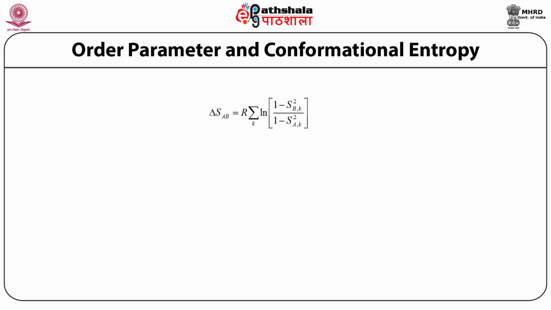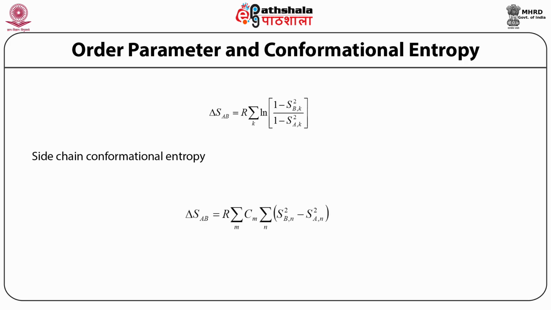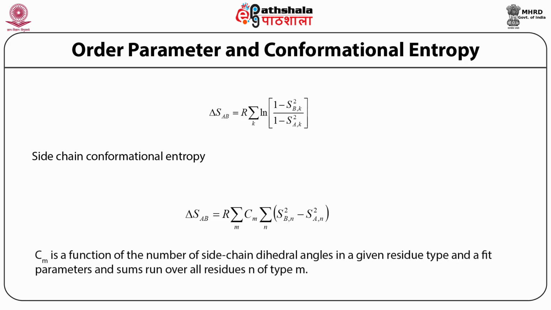We can also calculate side chain conformational entropy by the equation delta SAB equals R sigma CM sigma SBN square minus SAN square, where Cm is a function of the number of side chain dihedral angles in a given residue type, and a fit parameter, and the sums run over all residues N of type M.